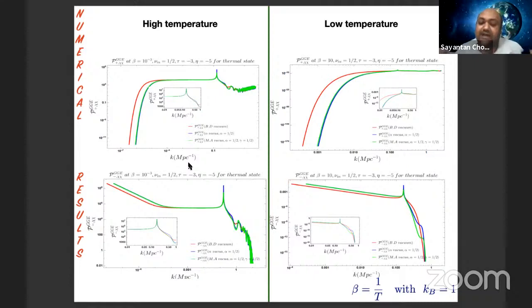If you calculate the expectation value of some operator in a thermal state, and in the post-quench state, then if you wait for a longer time, we see that the post-quench state exactly goes to this thermalized state. So that was the confirmation that our system really thermalizes.